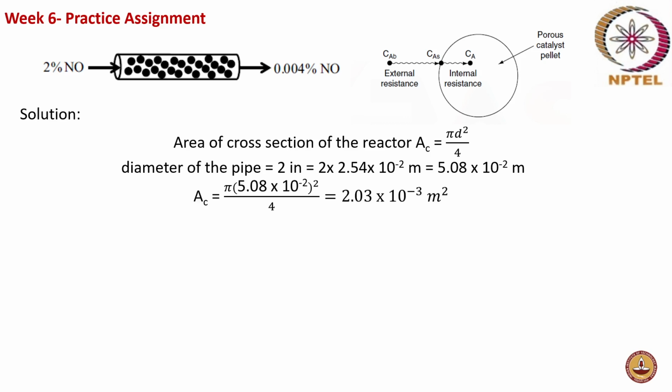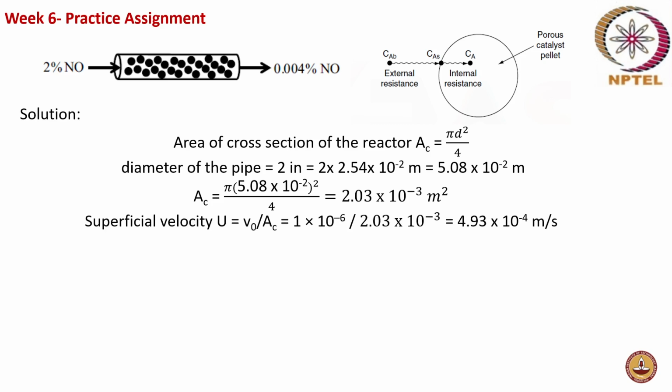Substituting, the area of cross section of the reactor AC is equal to pi into (5.08 into 10 power minus 2) the whole square divided by 4. You will end up with a value of 2.03 into 10 power minus 3 meter square. Now, what will be the superficial velocity? The superficial velocity U is given by the volumetric flow rate by the area of cross section.